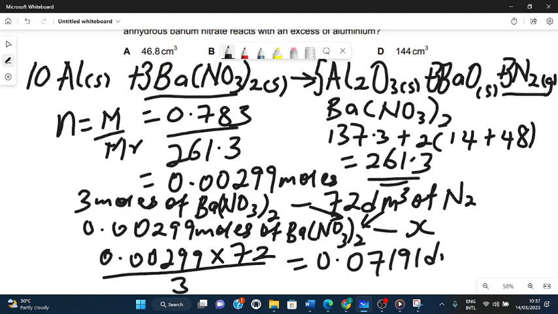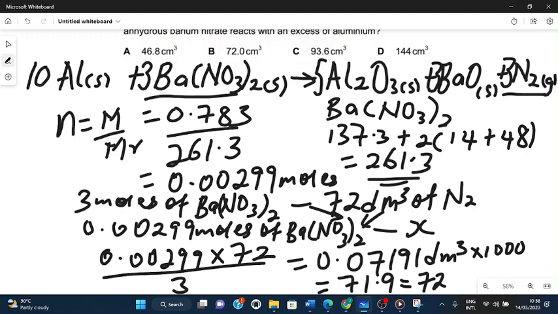So you get 0.07191 dm³. To convert it to cm³, multiply by 1000, which will now be equal to 71.9, which is approximately 72 cm³.